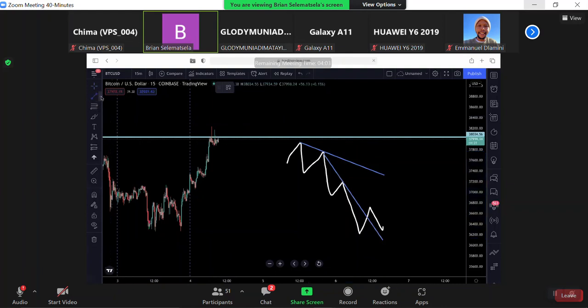What I'm trying to say is that if you enter a buy here, do not immediately draw a footprint, because sometimes you can draw a footprint and the market will just consolidate like that.